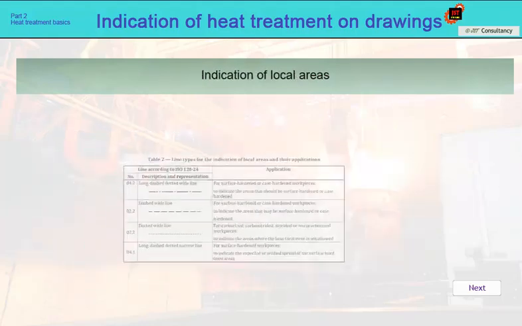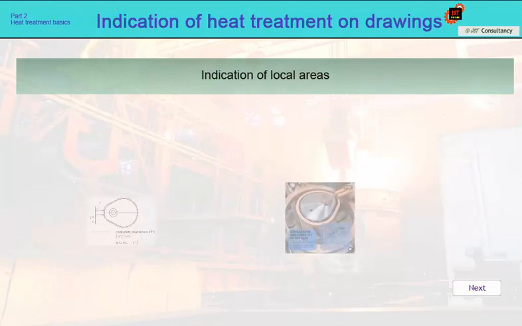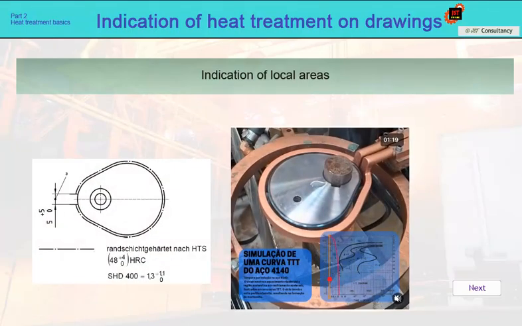If there is a heat treatment requirement on a drawing, some surfaces may be marked with different lines, indicating whether the surface should be, can be, or must not be heat treated. The line type is based on ISO 128-24. The individual surfaces on the drawings are marked as follows.